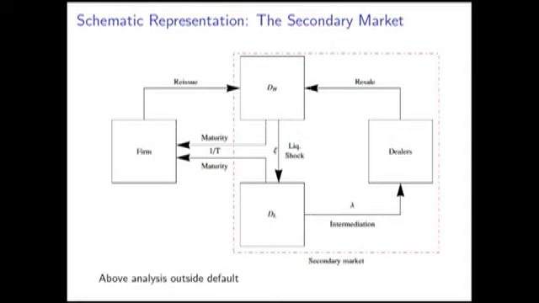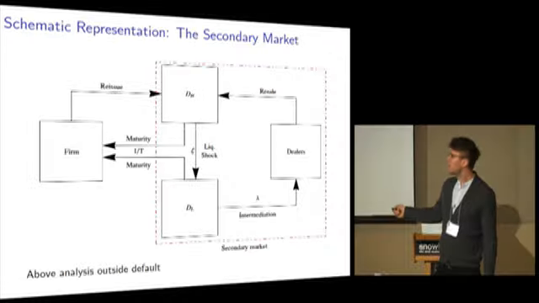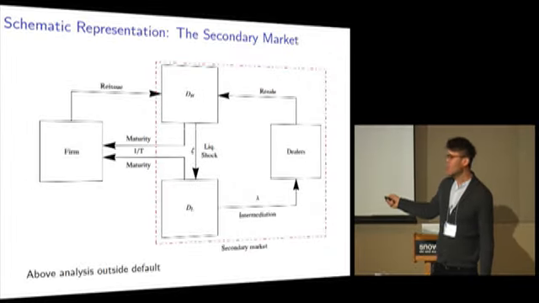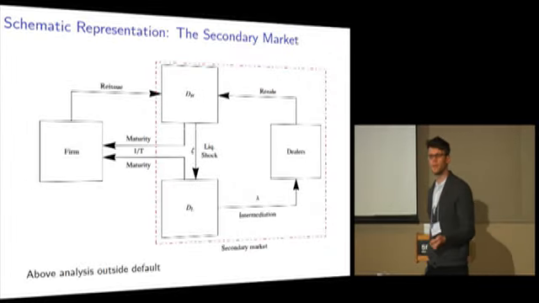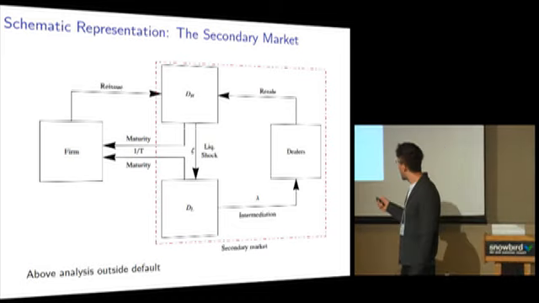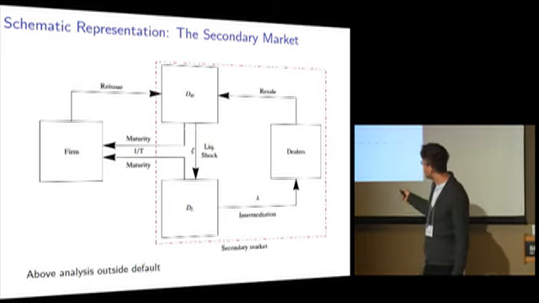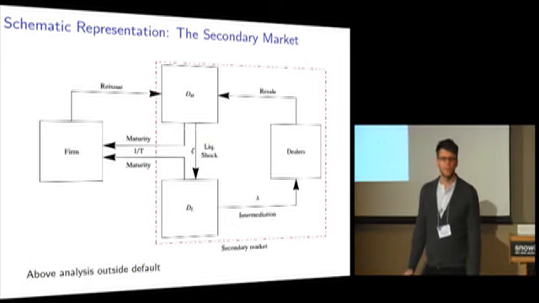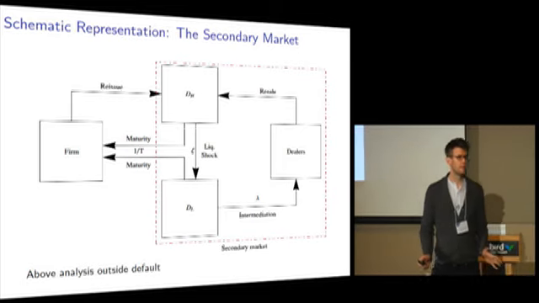And so now the important thing is that the liquidity in the secondary market, because it's essentially an outside option, a way out of the liquidity state, is going to affect the price that you can get for issuing the bond in the primary market. Because of course, everyone is going to take into account that maybe they're hit by a liquidity shock and so forth. So that's really the model in a nutshell.